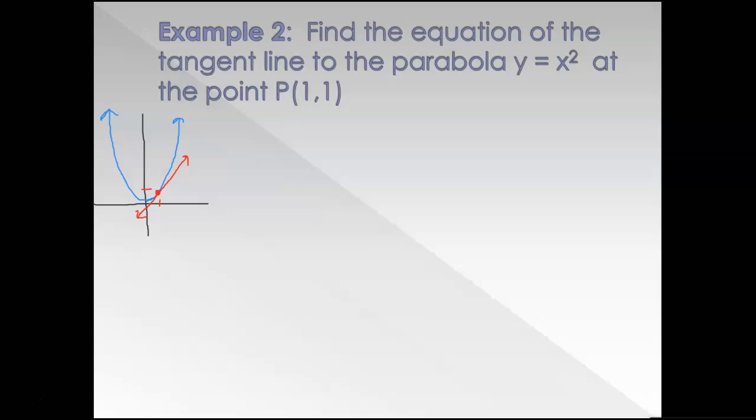In order to find the equation of a line, I need two things. I need a point and I need a slope. To find the equation of a line, you need a point and a slope. I'm given the point. I am looking for the slope of the tangent.